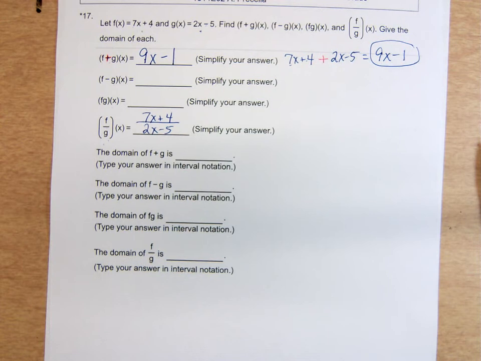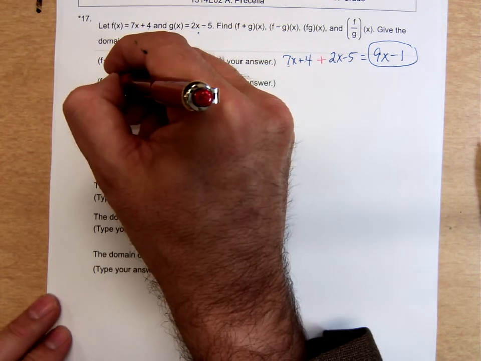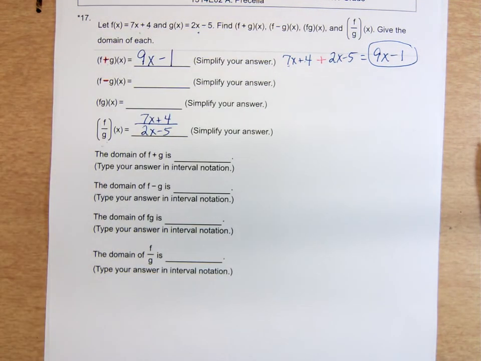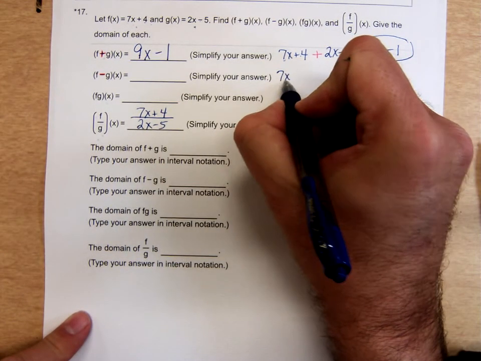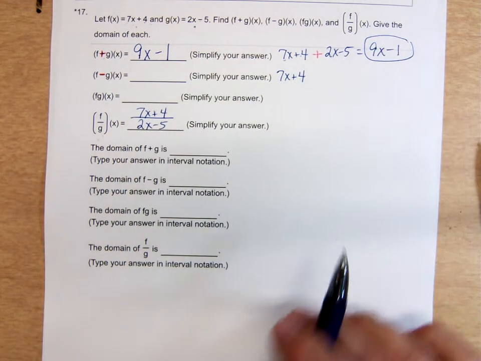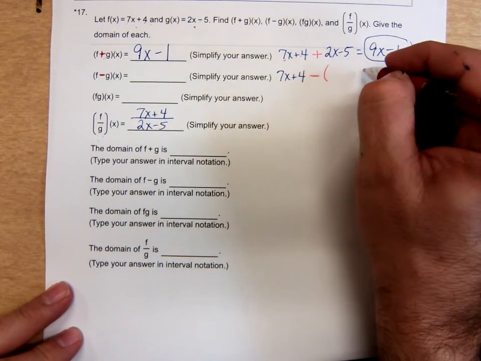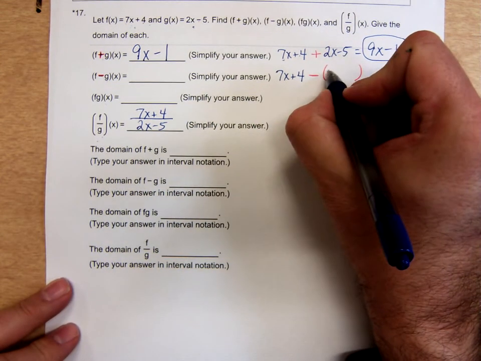F minus g is an extra step that you often have when you're subtracting. To find f minus g, you start off by writing down f, but you're going to subtract g. So I'm going to put all of this in parentheses, because what am I going to have to do with this minus?